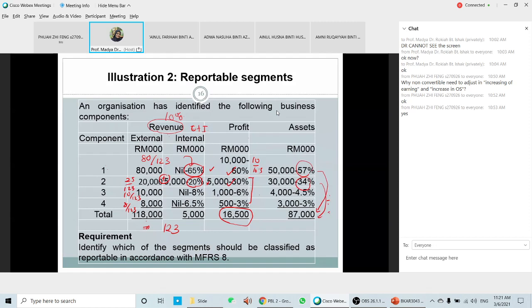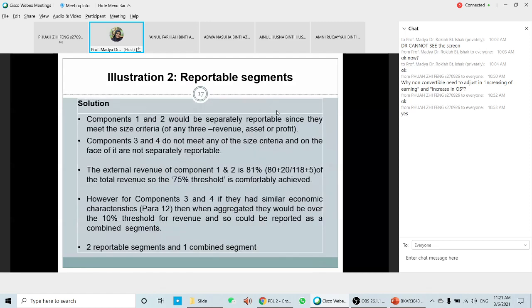So you need to identify which one becomes a reportable segment. Component 1 and 2 will be separately reportable since they meet the size criteria. They meet the criteria of revenue, asset, and profit. For 1 and 2, they meet all three criteria, but to be reportable, at least you need to meet any one of the three criteria.